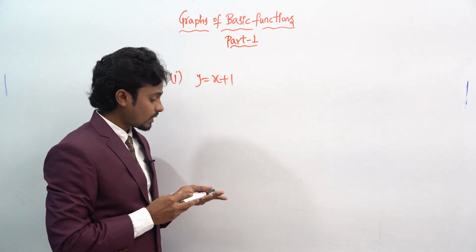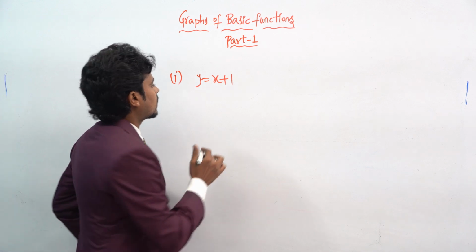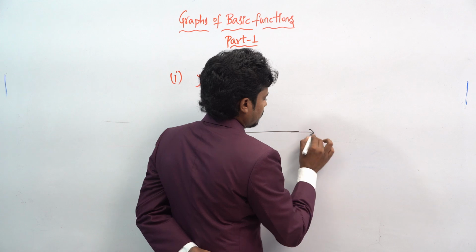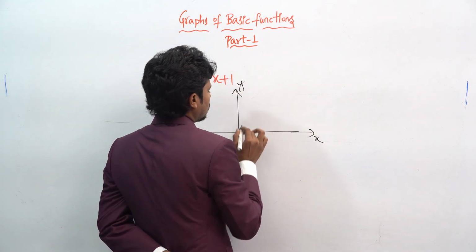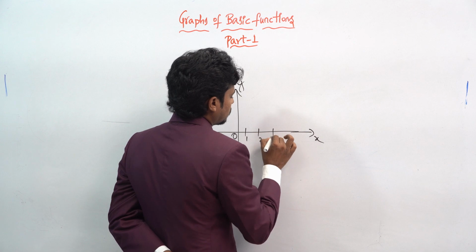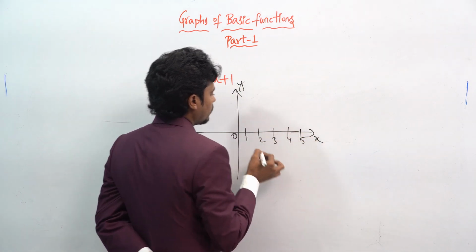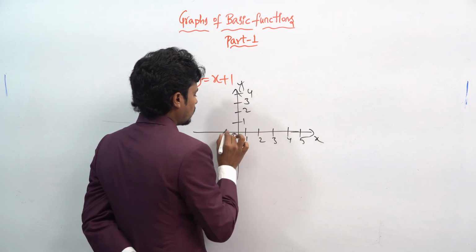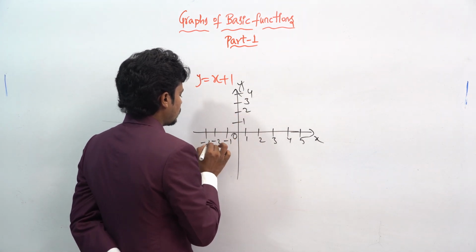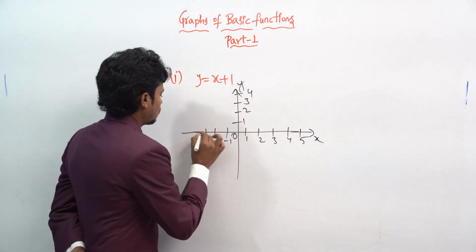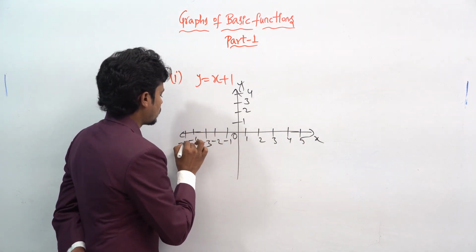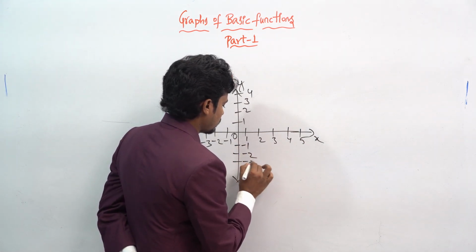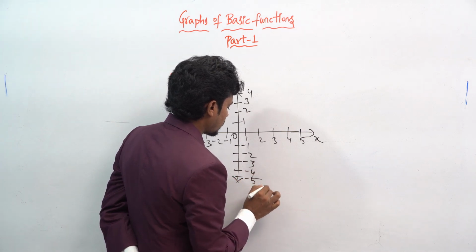Okay, so here also same thing. This will be x and this will be y. Here this will be the origin, 1 2 3 4, here 5, and here this will be 1 2 3 4, here -1 -2 -3, -4 and -5. Here also -1 -2 -3 -4 and -5.